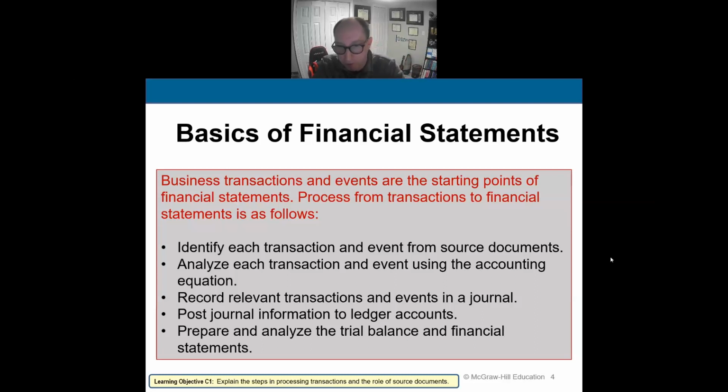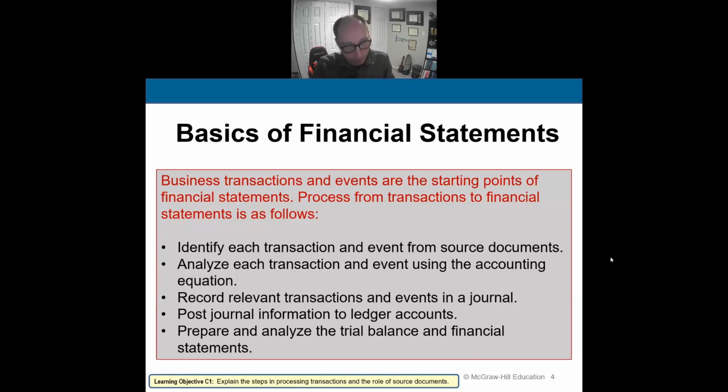And we'll talk about those types of transactions, how they impact the accounting equation. We'll also talk about how we record those transactions in this thing called a journal. The word journal in accounting is like what you would consider a ledger. A journal is a subsidiary ledger. A journal is the information that is the transaction.